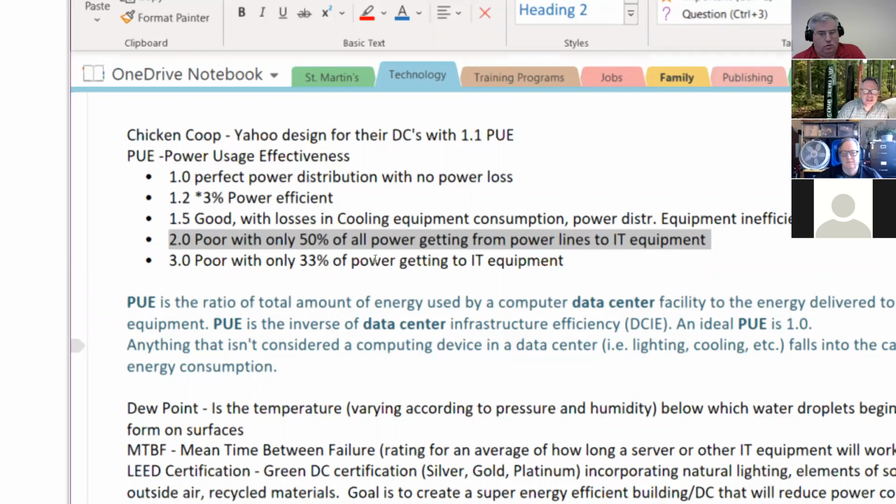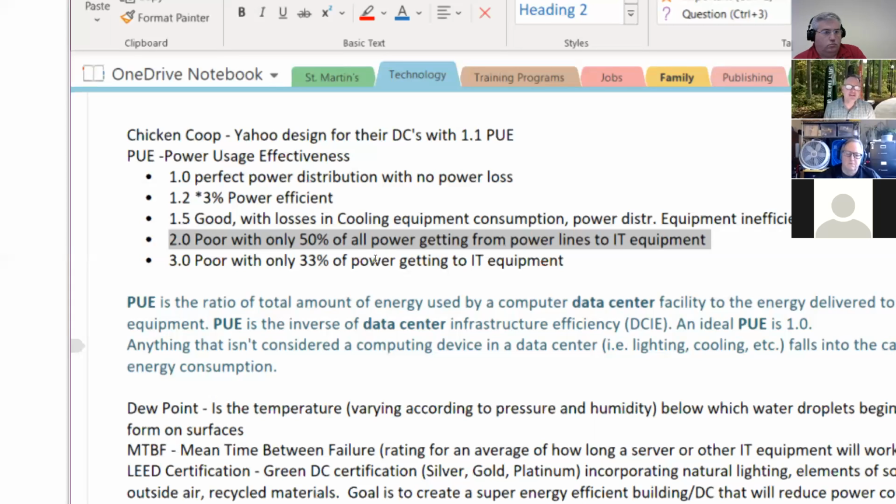The other half is going to other things: cooling, probably number one, power distribution losses through heat generation, lighting, other fans, security systems, and other things. So you're paying for twice as much power as you would normally need if you had a more efficient data center, and you're spending a lot of extra money that you don't need to.